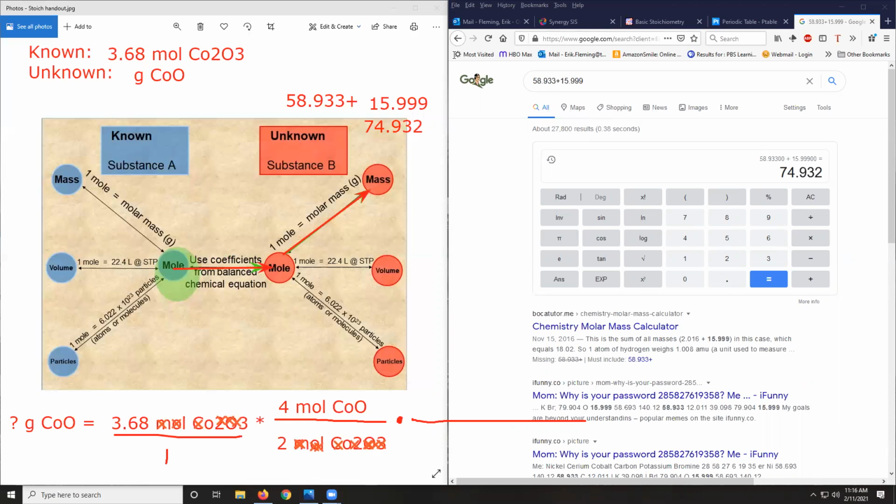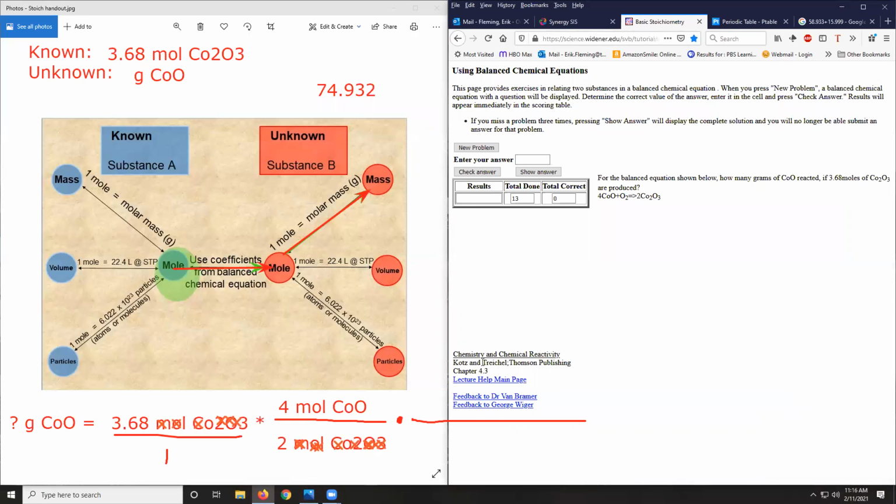I'll erase the other guys so they're not gumming up my work. I'll move that to an easier to see spot. So now I go back to my question itself. I know that that is that many grams per mole.